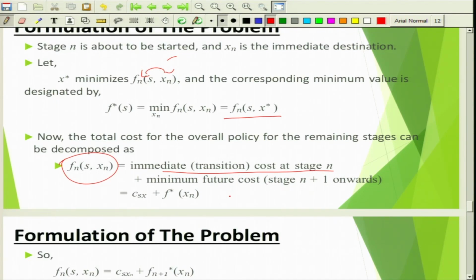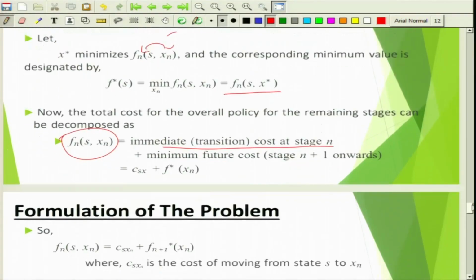So starting from, let us say, stage 3 to stage 4 and from stage 4 to stage 5, you see what is the minimum cost from stage 3 to stage 4, and whatever minimum cost it gives to move from stage 4 to stage 5, the ultimate stage.